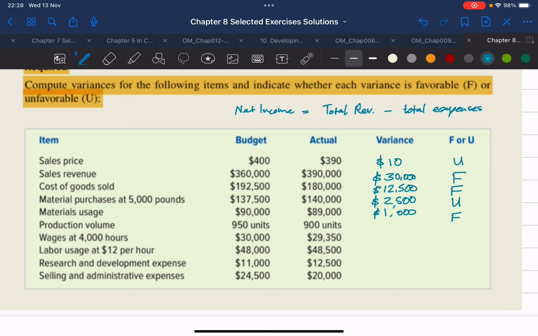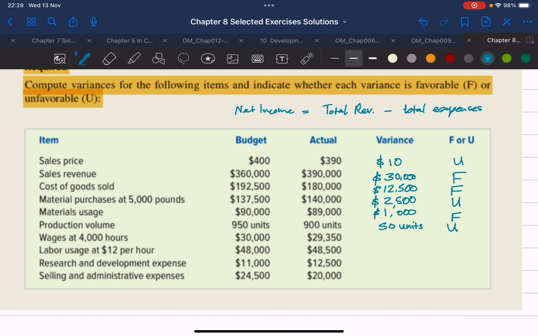So in this scenario, they were forecasting to produce 950 units. They ended up only producing 900. So there's a difference of 50 units. Okay, be careful with the units part. This is not in dollars. And this variance in particular is unfavorable.